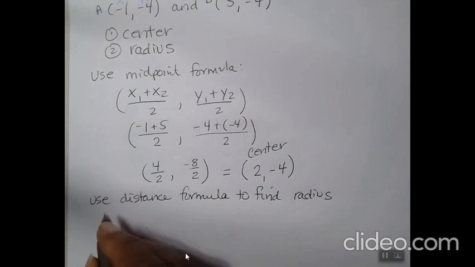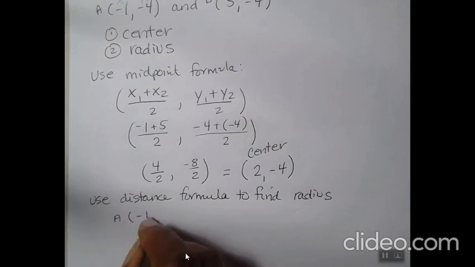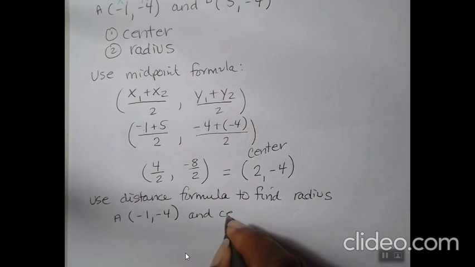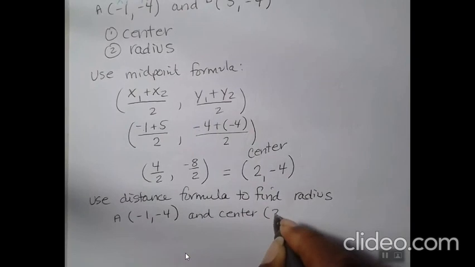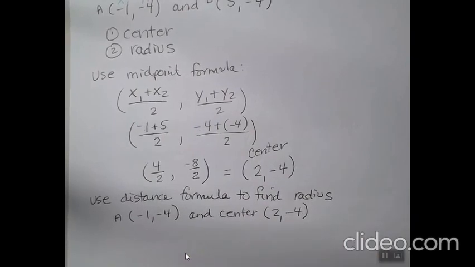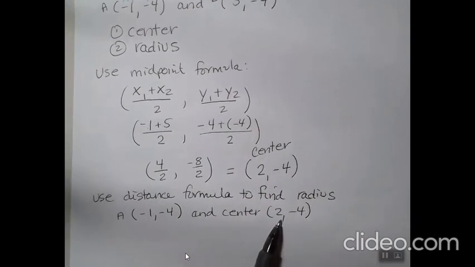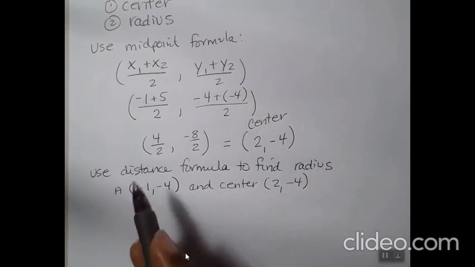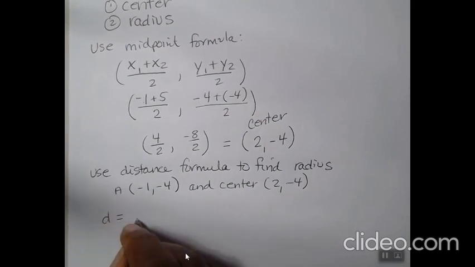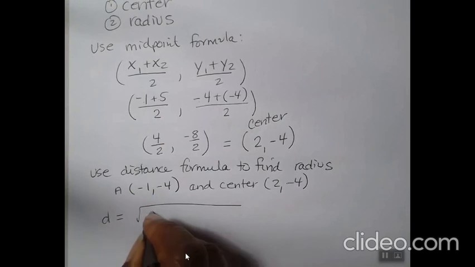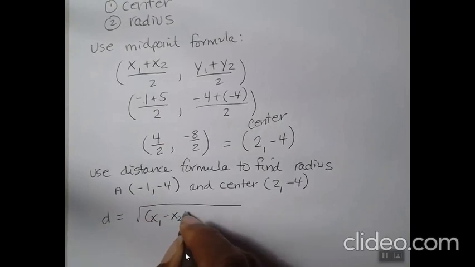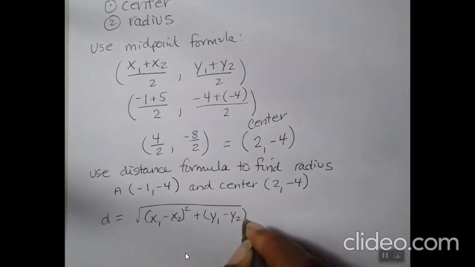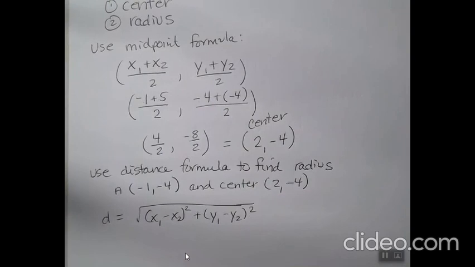Let's use the point A, which is -1, -4, and we'll use the center because we're going from the edge to the center. That tells us the radius. Let's use our distance formula. Our distance formula is the square root of x1 minus x2 squared plus y1 minus y2 squared.